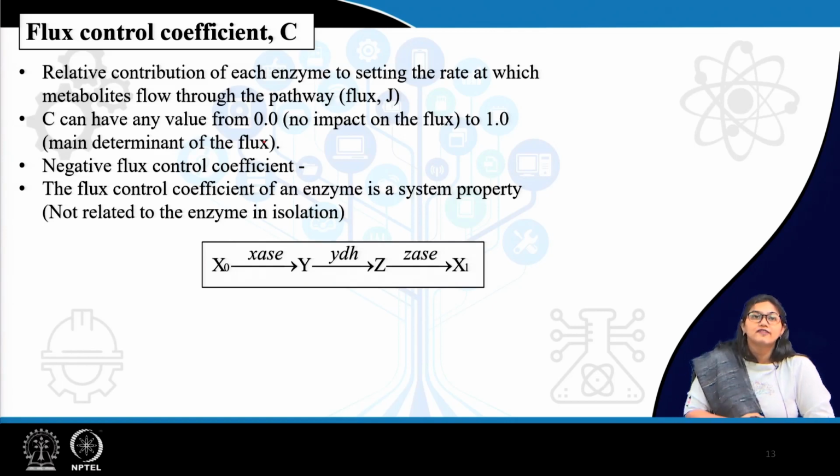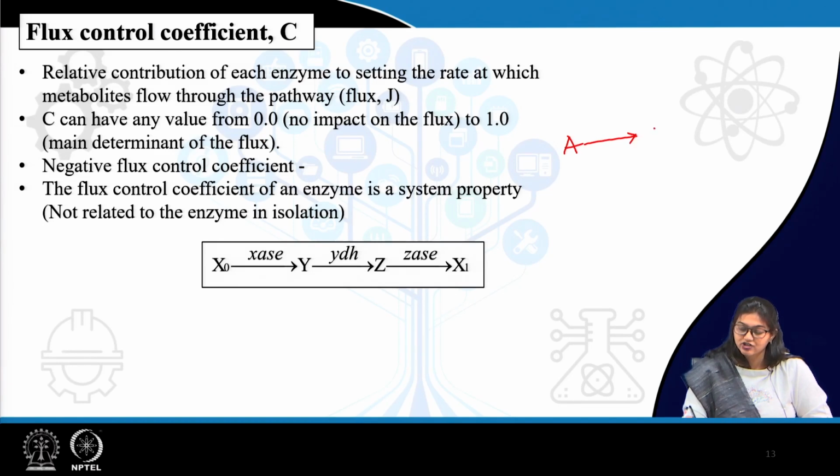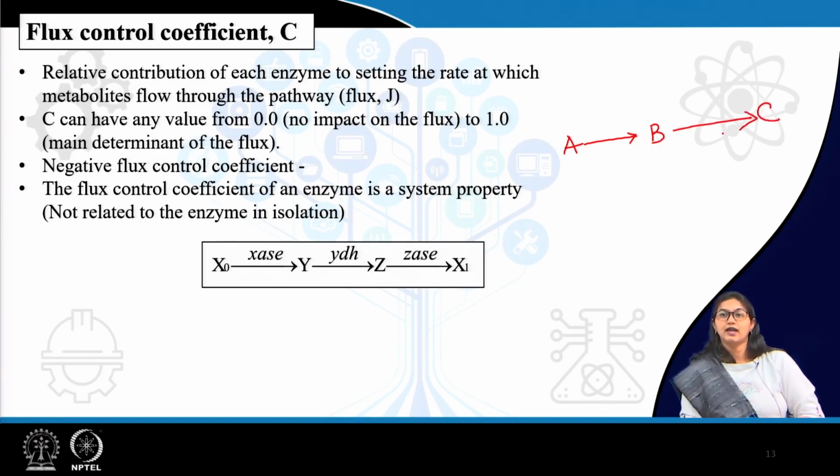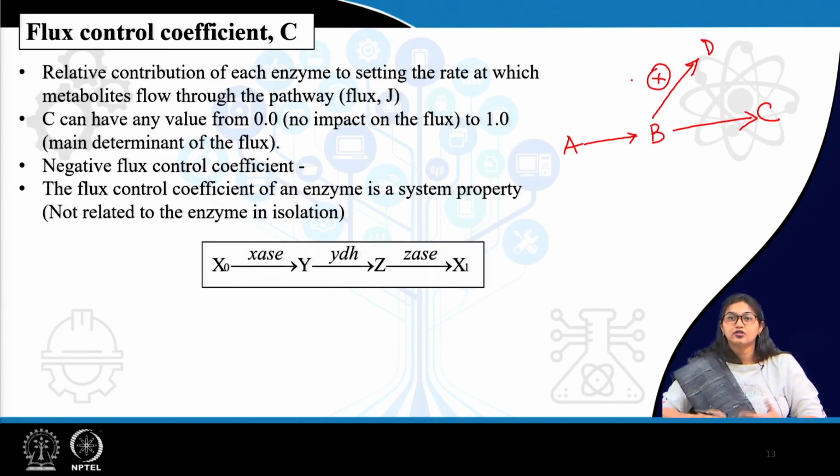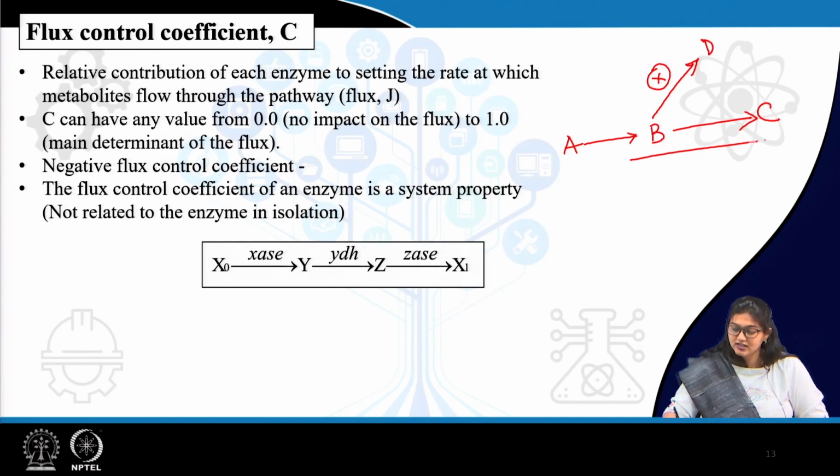Now, the flux control coefficient is negative where you have a branched reaction. Suppose this is one reaction where B is formed from A and then C is formed from B. Now, if there is a branch where B can form D, here is the enzyme X which has a negative flux control coefficient over this pathway, because what is happening?